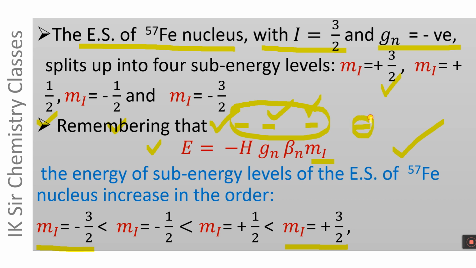If the value of m_I is negative, the overall energy will be negative. This is why the m_I equals minus 3/2 level has the lowest energy, while if m_I is positive, the overall value will be positive. This is why the m_I equals plus 3/2 level has the highest energy.